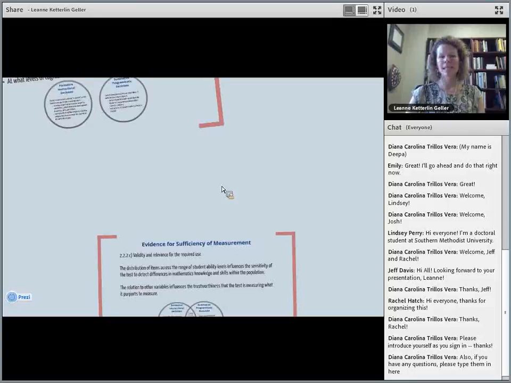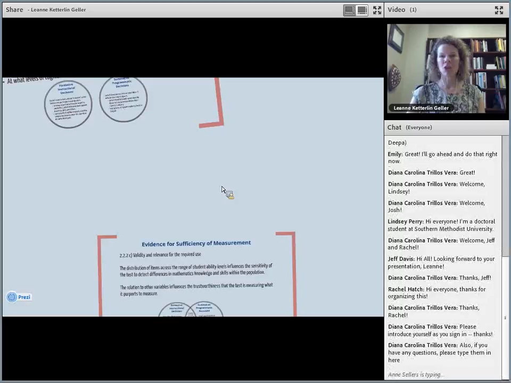The test content obviously influences the conclusions that can be drawn from the results. It seems obvious and apparent, but when we're making different decisions based on the test results, we want to look at what information is in the test and how that content can influence those decisions.